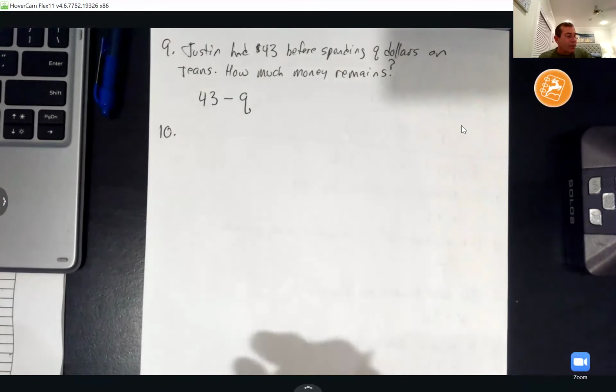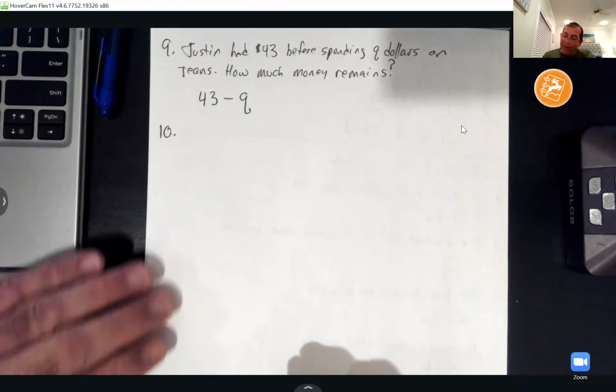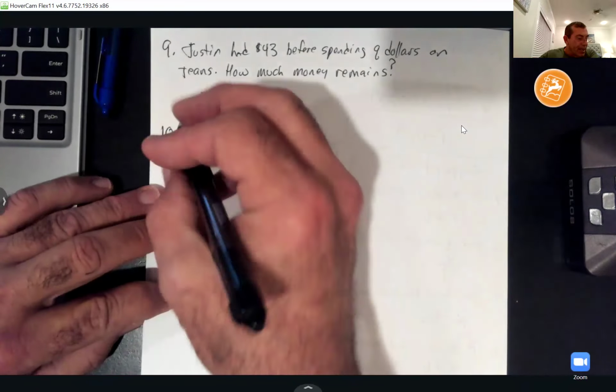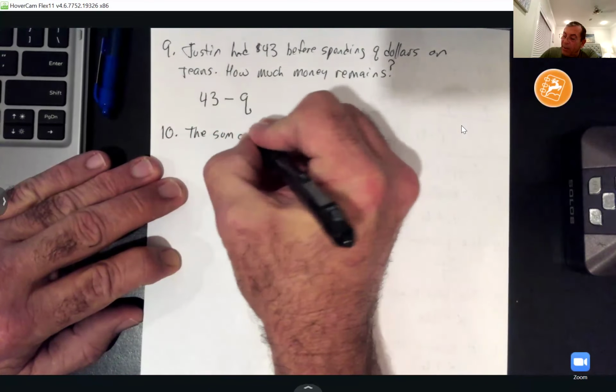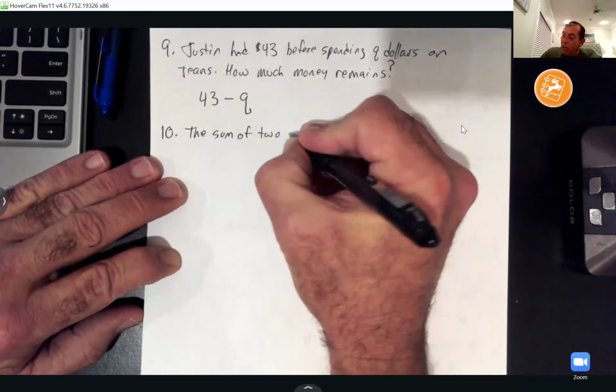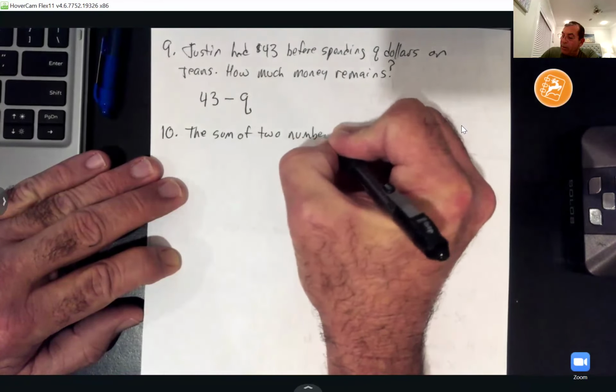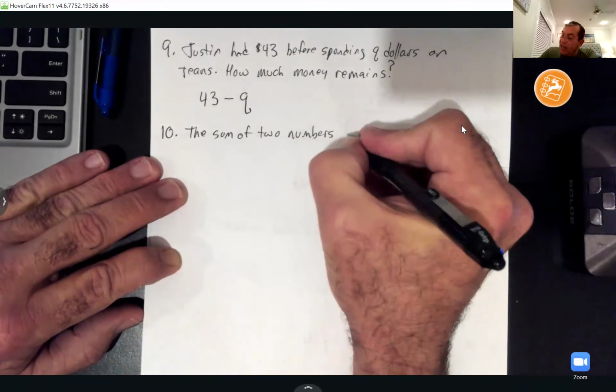All right, y'all, let's see what y'all think about this one. Now, this one says the sum of two numbers is 7.